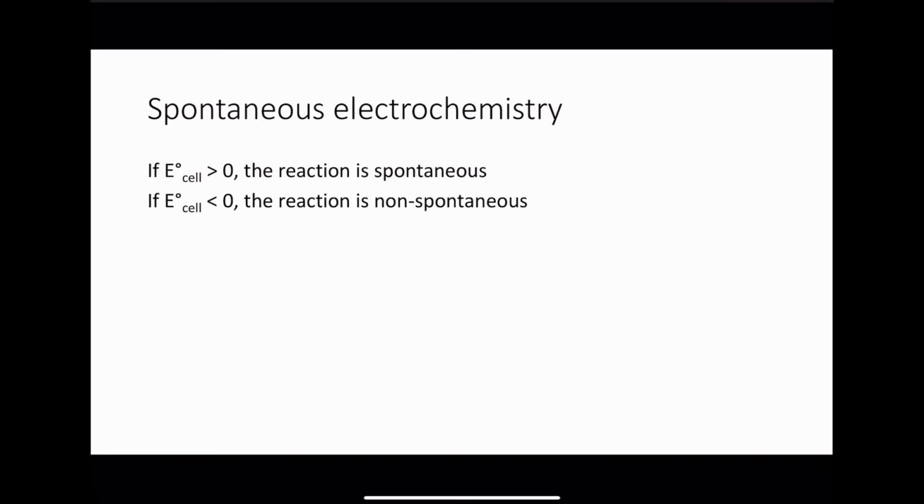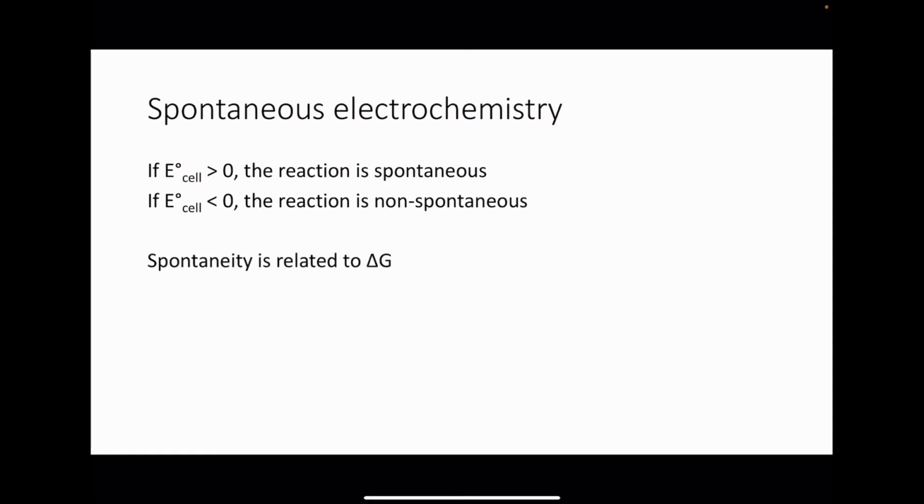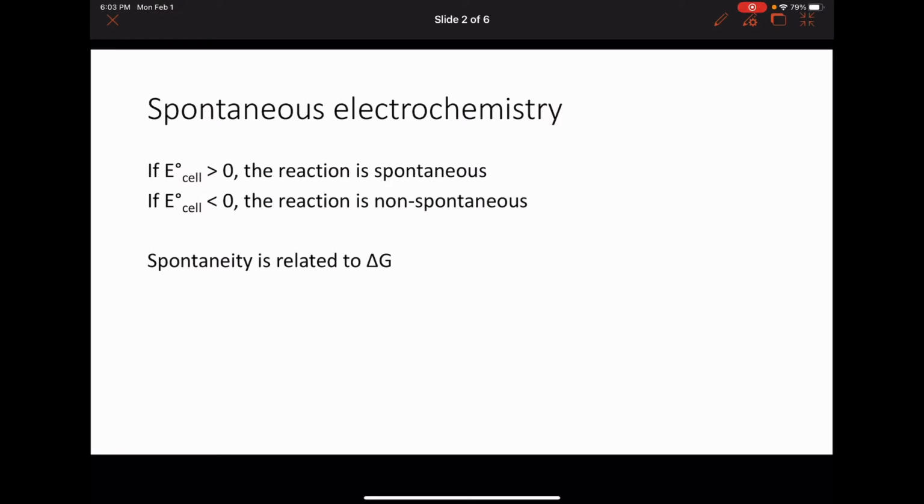So we left off the last video with the idea of the cell potential telling us whether a redox reaction is spontaneous or non-spontaneous, whether it's positive or negative. So we have this idea of spontaneity, which has to be related to delta G because we know delta G dictates spontaneity.